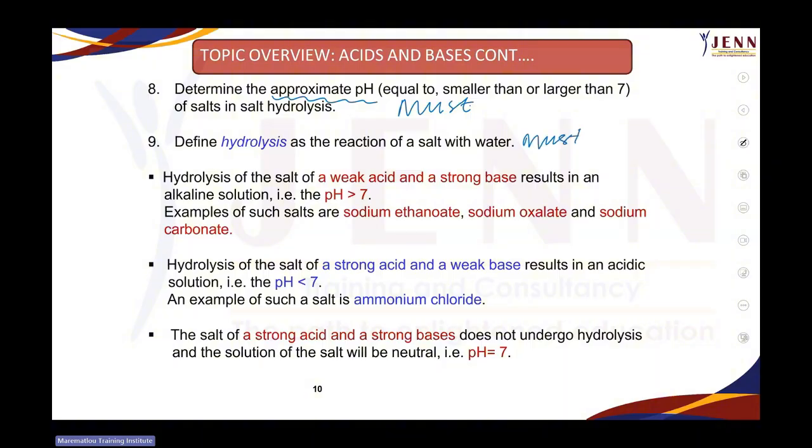And then from there, they want us to look at this. It says, according to hydrolysis, when a weak acid and a strong base react, the pH of the result will be greater than 7. That means the solution will be basic. You heard that? So you must know how to identify strengths of acids, to say this acid is strong, that one is weak.